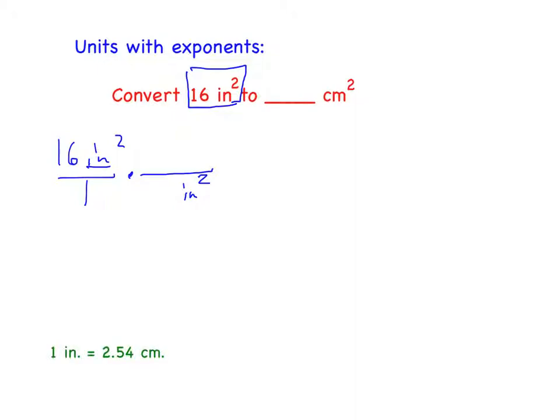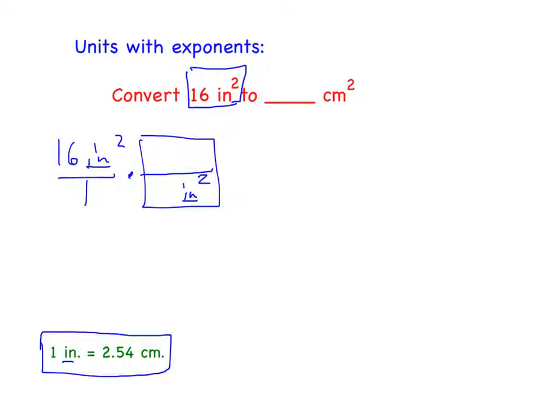Okay, so the only conversion factor that we need is this one that you were told to memorize a while back. 1 inch equals 2.54 centimeters. Now, we can't just plug that in up here in this second bar, and that's because this is just inches, and we have inches squared that we have to deal with.